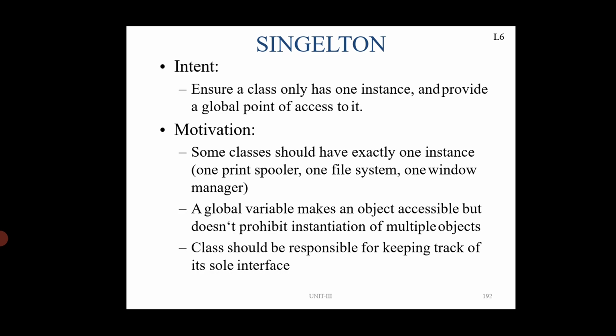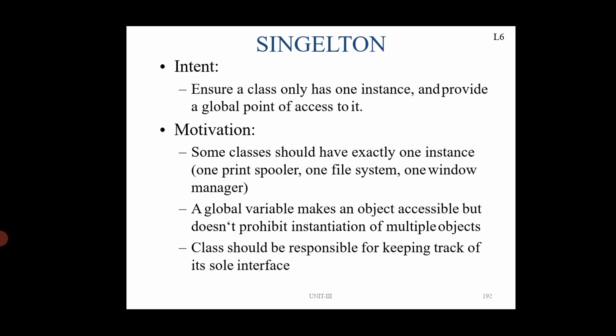Coming to the better solution: our better solution is to make the class itself responsible for keeping track of its sole instance. Once again, a better solution is to make the class itself responsible for keeping track of its sole instance.